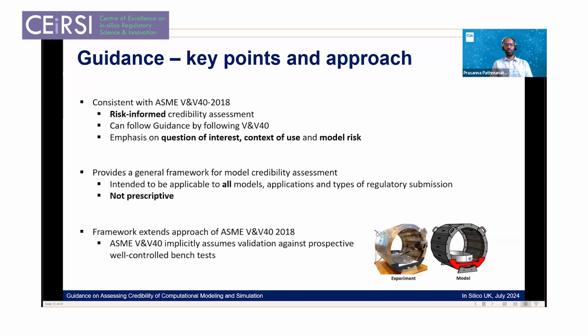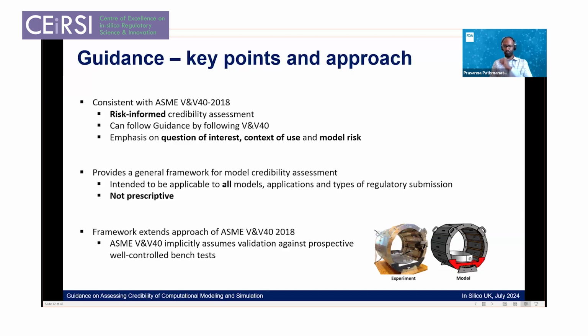It extends the approach of V&V40, as I said, but then there's a question of why. It's motivated by the fact that V&V40 implicitly assumes that you have a model of the device. Some of the terminology in the standard implies that it's a model of a device, and that it will be possible to evaluate that model against well-controlled bench test experiments.